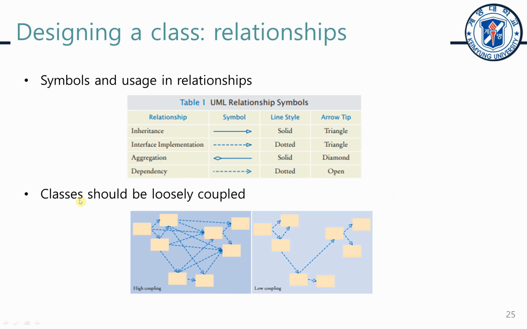So this concept says that classes should be loosely coupled. The meaning is that too much dependency or too much relationship between classes is not good programming. Good programming is that you can have the same number of classes, but their dependency is very minimal. And this is what the symbols of relationship between classes look like.